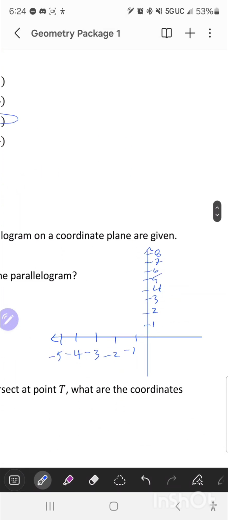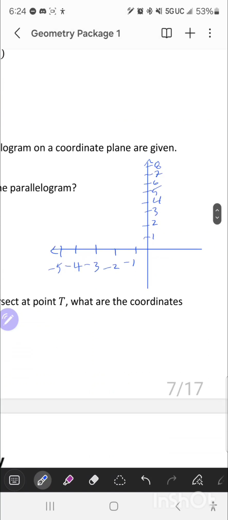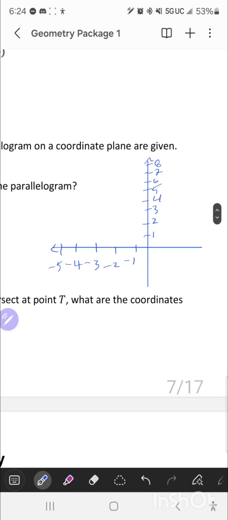So if you have square ruled paper, bring it to your desk and do the drawings and the calculations there, and it's going to help you so much. But since I don't have it, I'm just going to do it like this. You can always do it like this anyway.